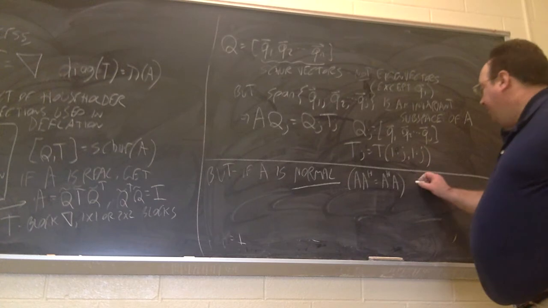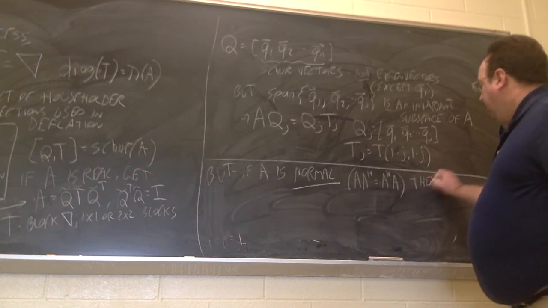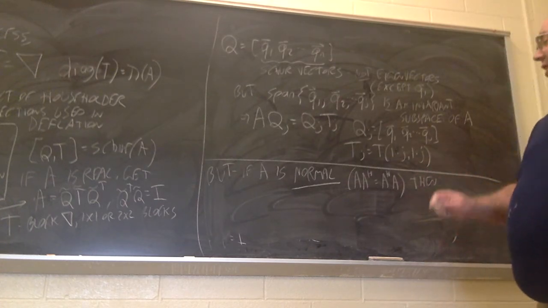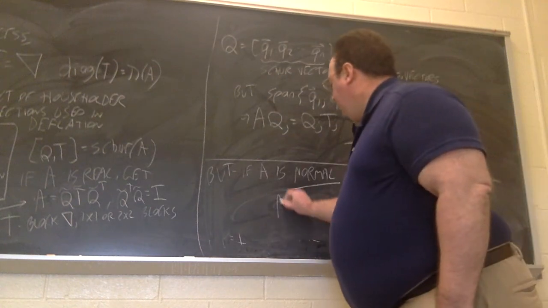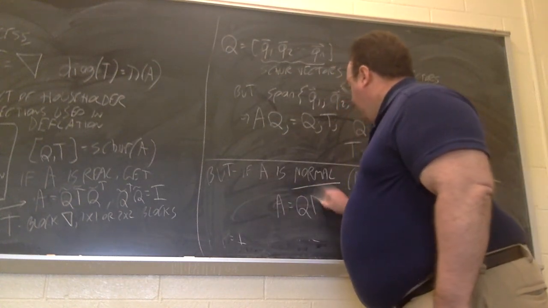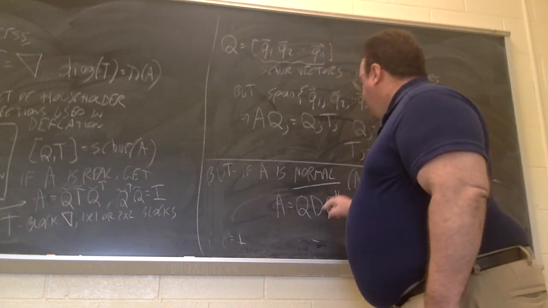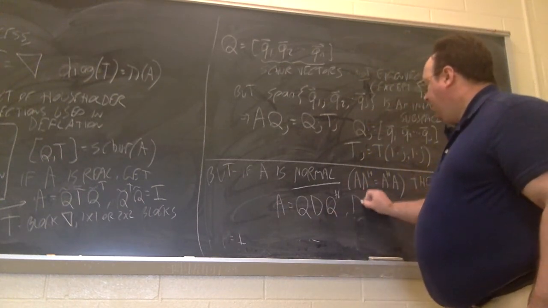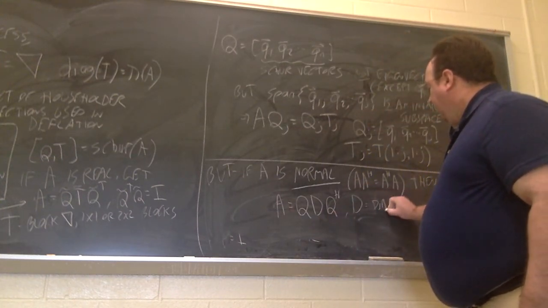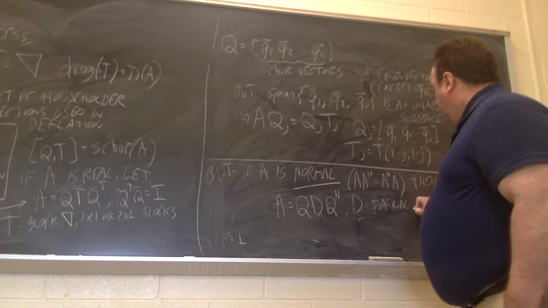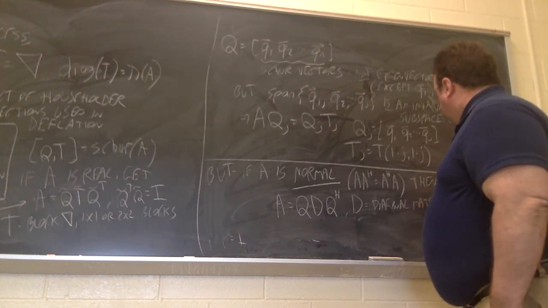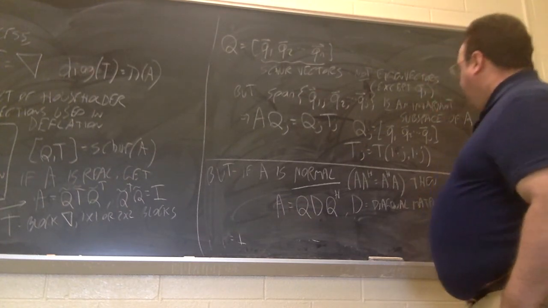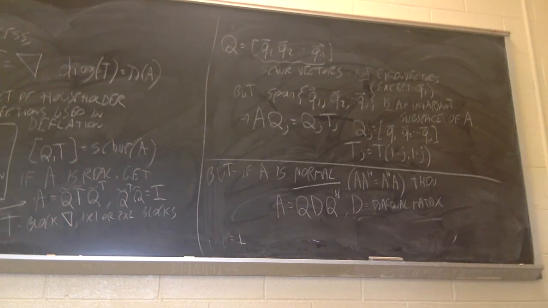Okay. Then the Schur decomposition takes on a simpler form. It's Q D Q Hermitian transpose, where D is a diagonal matrix.